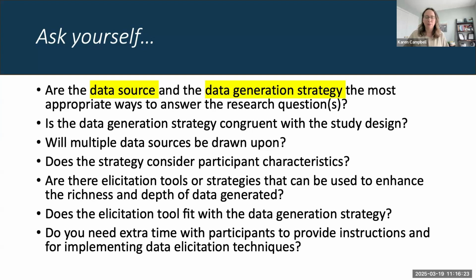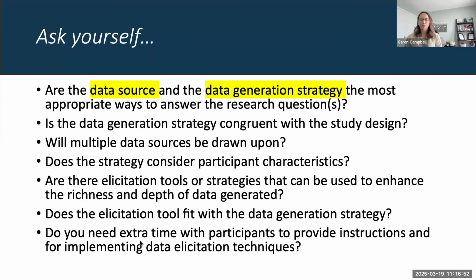So thinking about the participant characteristics will help you identify the right strategy to use. And again, are there other tools that you can use to help enhance the richness? I'll go through some of that. Does the elicitation tool that you're using fit with the strategy? And do you need extra time with participants to provide instructions for implementing data elicitation techniques?